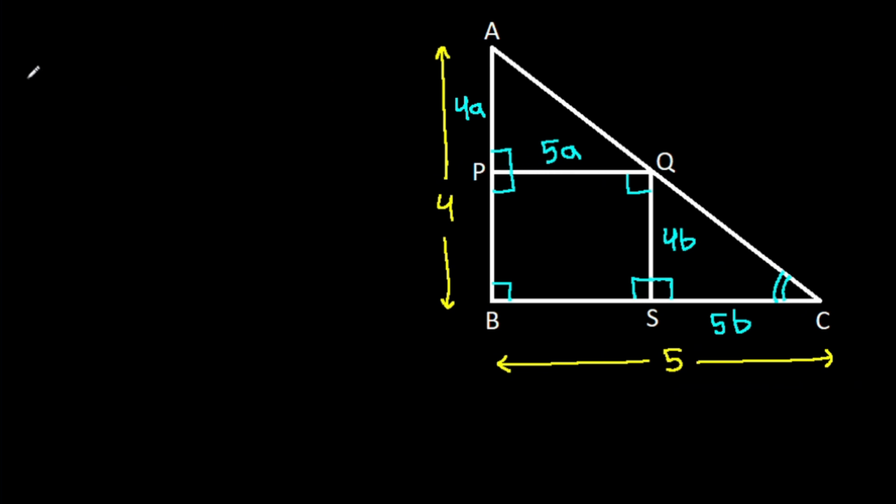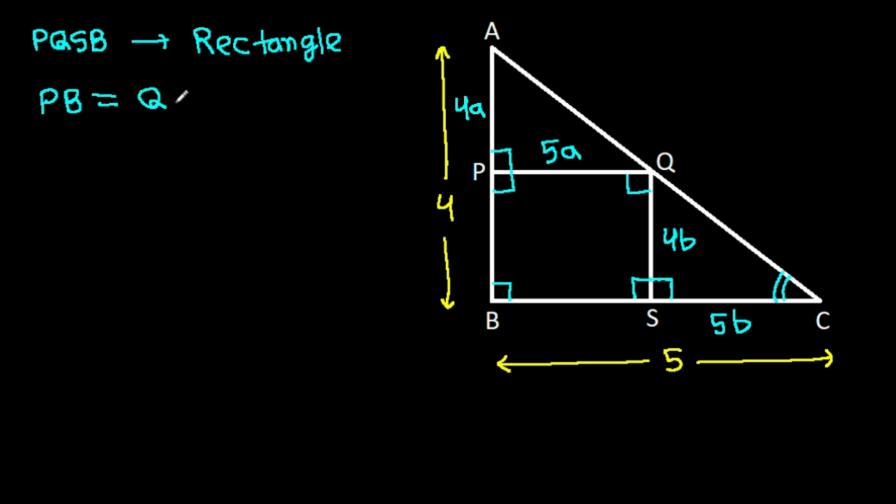Now we know that PQSB is a rectangle, that means PB will be equal to QS, and QS is 4B. That means PB will be also 4B.